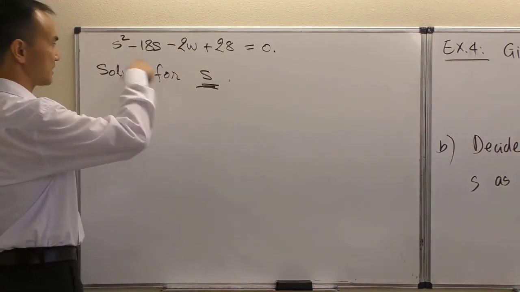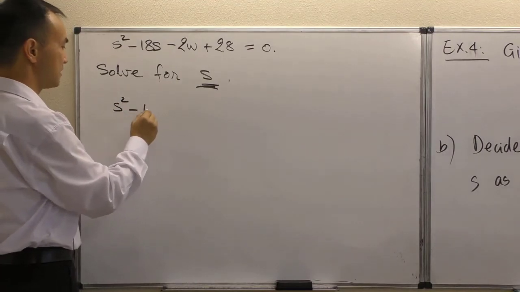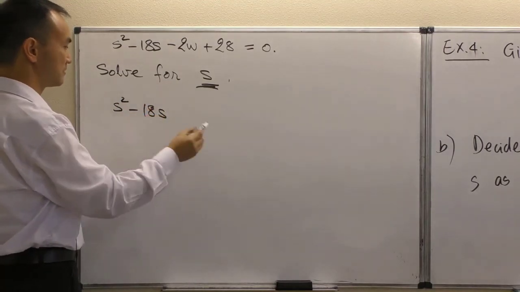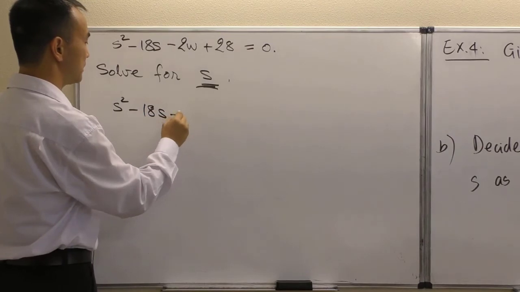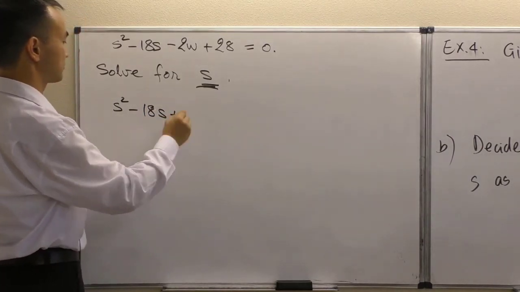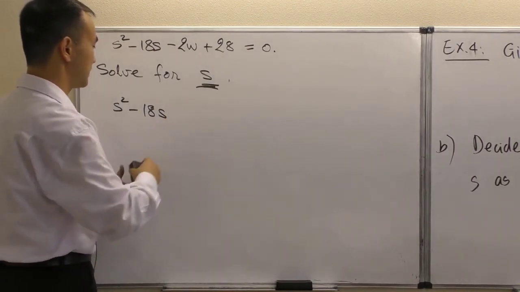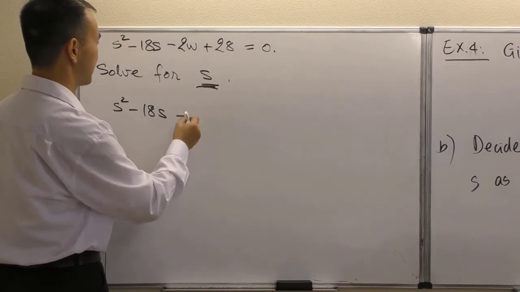Okay, so now from this equation, I want to solve for S. So let's start out by isolating all of the S terms on one side. Actually, here's the observation.